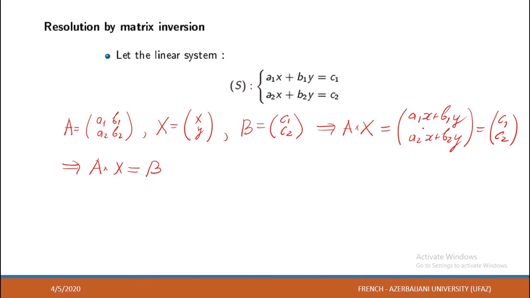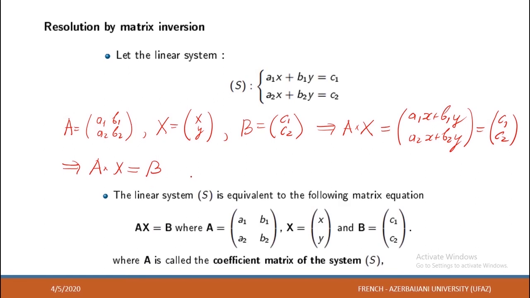From here, a1x plus b1y will be c1. a2x plus b2y will be c2, this one. Therefore, this system and this matrix equation are equivalent. This means that finding the solution of the linear system is to find the matrix of X. Okay, let's look at here.